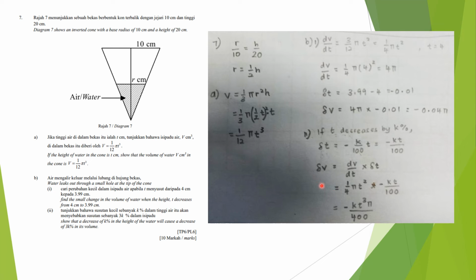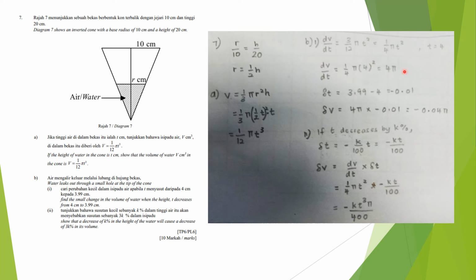So dv over dt is 1 over 4 pi t square times negative kt over 100. Without substituting with 4.